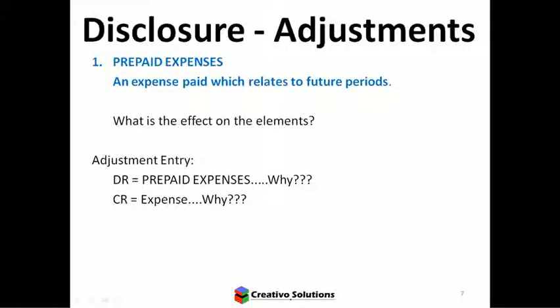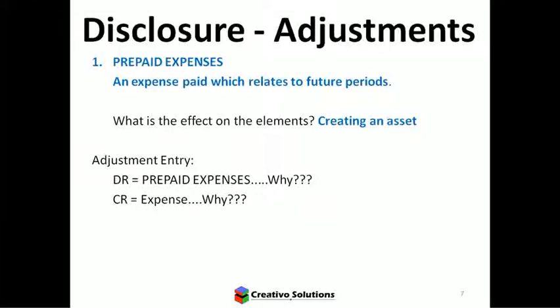So currently, it doesn't meet the definition for an expense purely because we're looking at disclosure at year end. So at the year end, we're going to provide for this adjustment. We're going to show an asset only at year end because this particular expense relates to the next financial year. In the next financial year, adjustments need to be reversed out because now it's no longer an asset, it is still an expense because we're using it in that financial year.